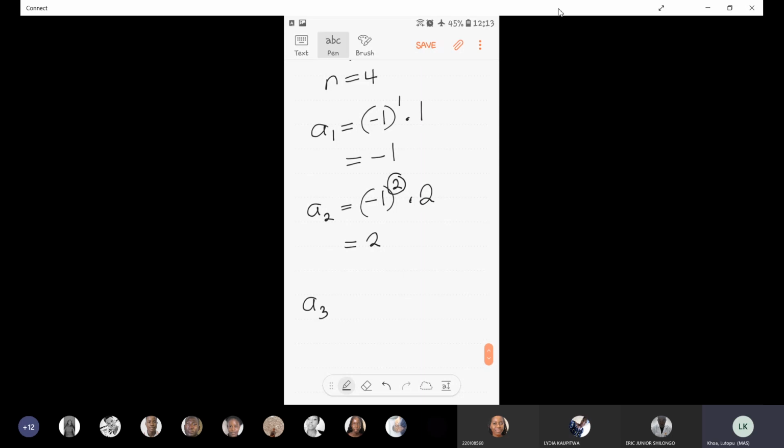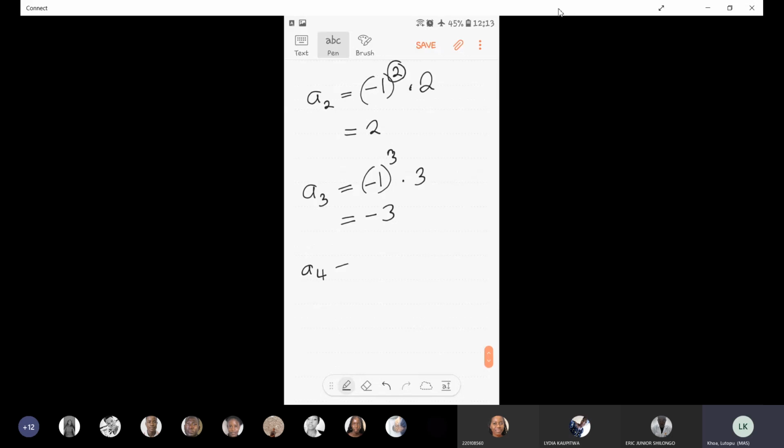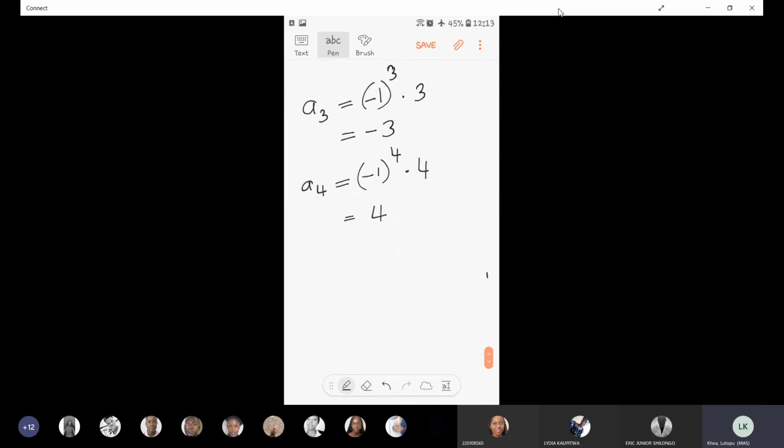Then a3 is negative 1 to the power of 3 times the 3 itself. This is negative 3. And then a4 is negative 1 to the power of 4 times the 4, which is positive 4. So the first 4 terms in this sequence will be negative 1, 2, negative 3, 4, like that. So the sequence does continue, but those are the first 4 terms.